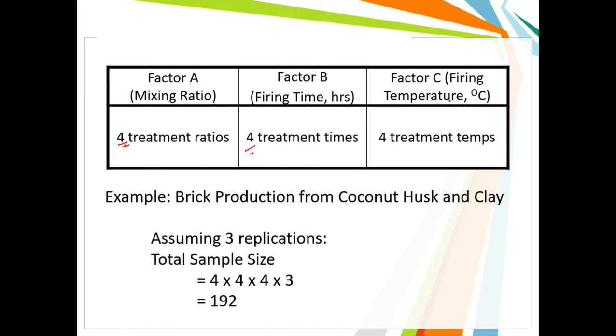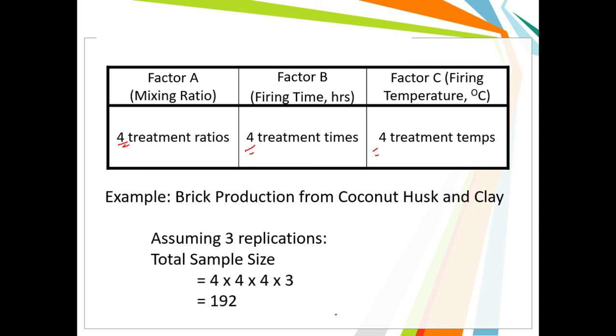What if we introduce a third independent variable, let's say firing temperature. So temperature will be tested, let's say also 4 temperatures. So how many treatments do we have in all? 4 times 4 times 4, that is 64.